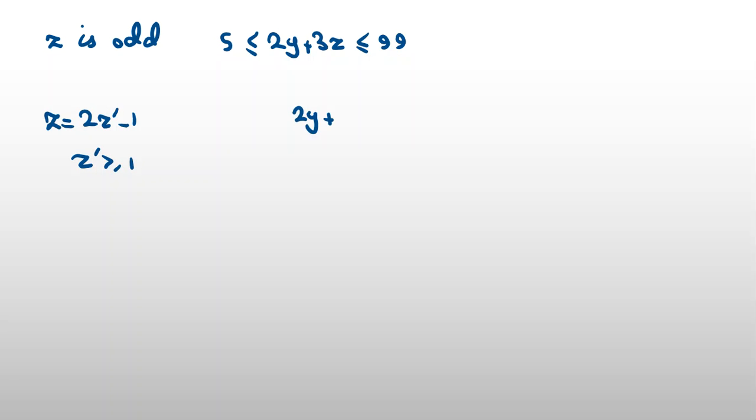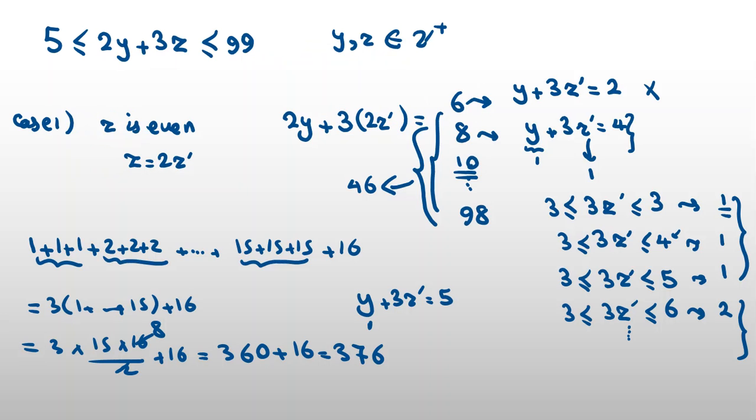I write 2y plus 3 times 2z prime minus 1 equal, for example, a number. Here, because it is odd plus even, it is odd, so it can be 5, 7, and 9. For the previous case, we started from 6.